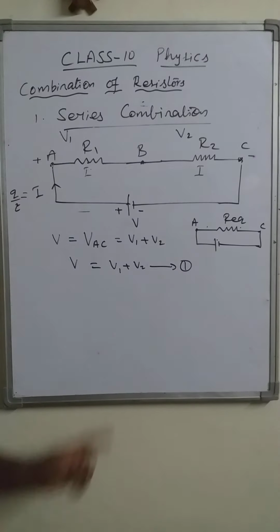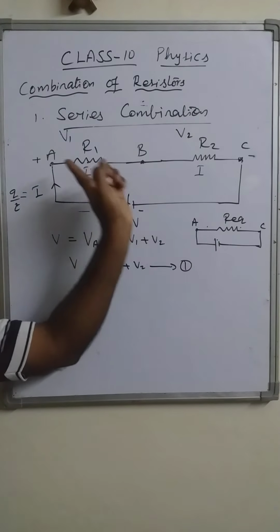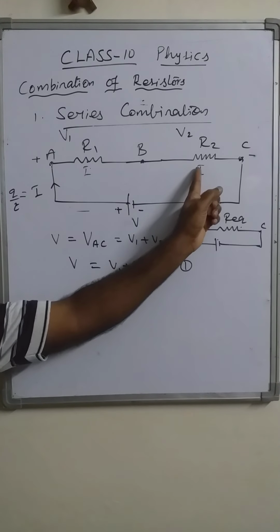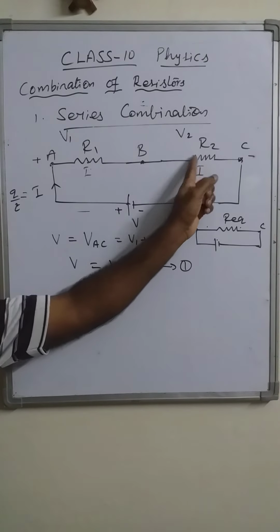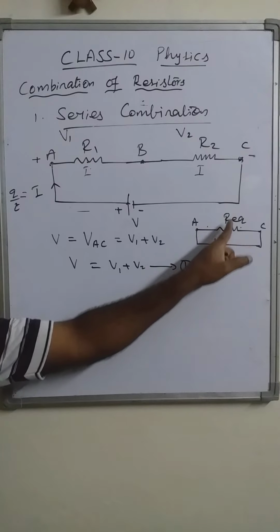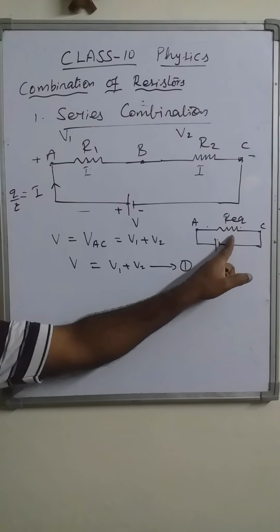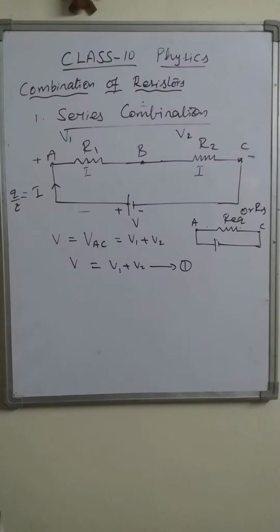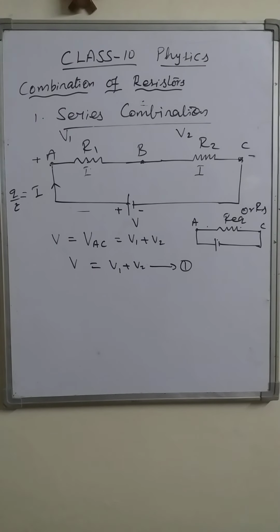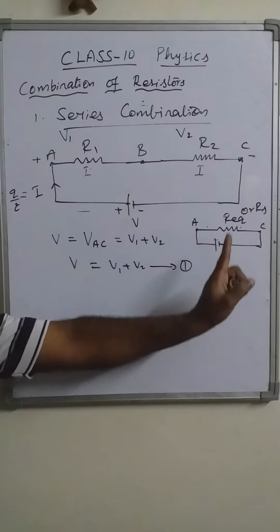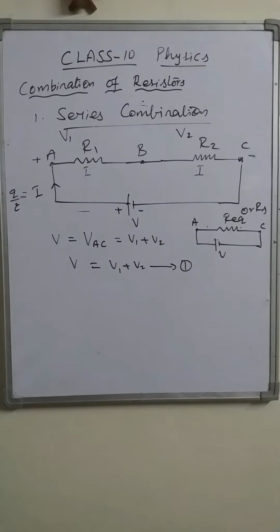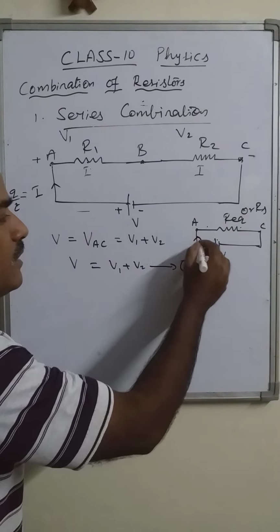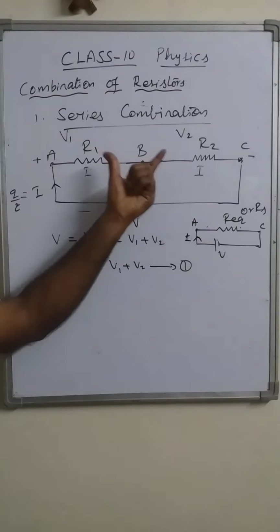Now we reduce the circuit. Here we had two resistances, and these two resistances are simplified into Req, that is the equivalent resistance, or we can write it as Rs, the resistance in series. Here we have the potential difference V and the current I, the same circuit, but in reduced form.